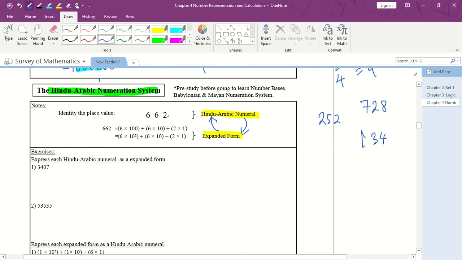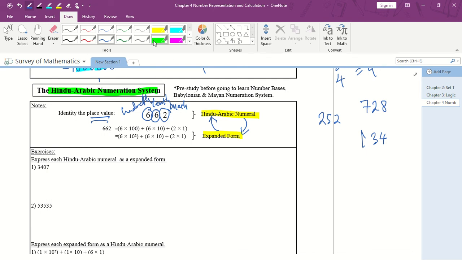So just look at here, 662. We know that for the 2, the place value is 1. The place value for the 6 is 10, and the place value for the 6 here is 100. So it has the meaning of why it is 10, why it is 1, why it is 100.